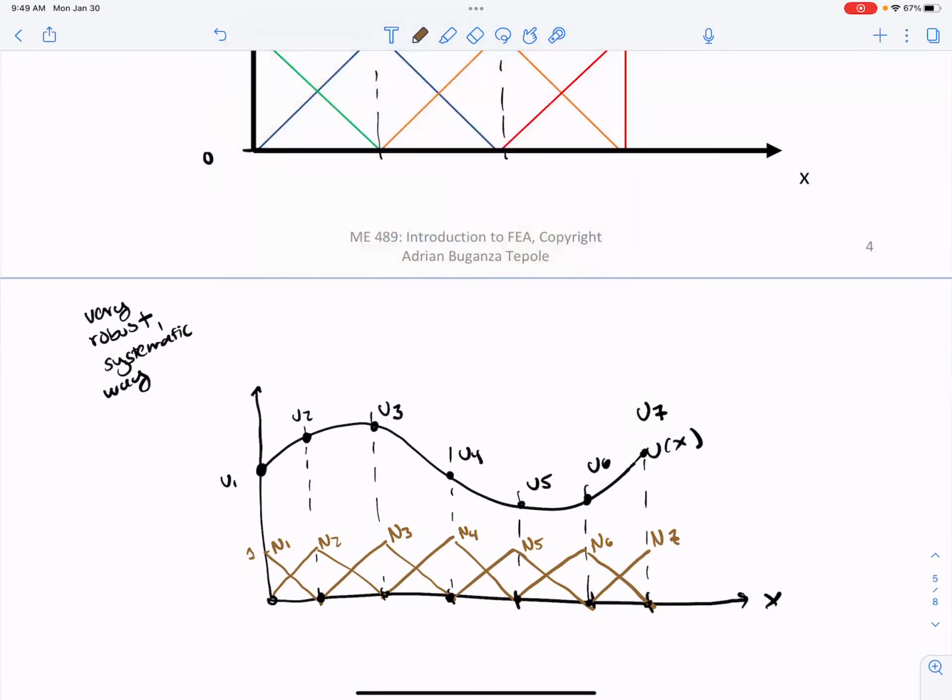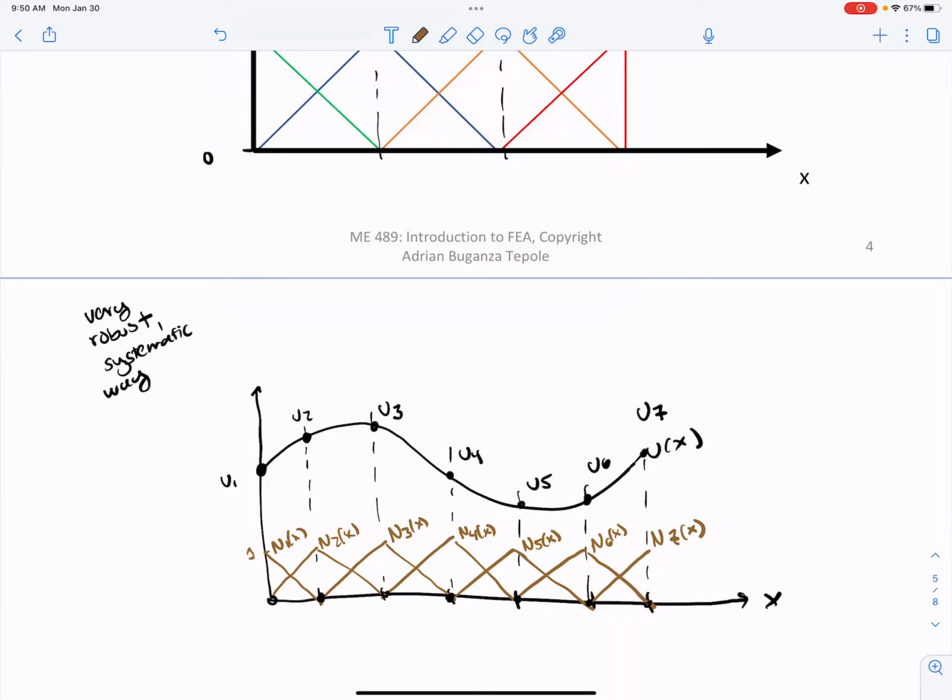And I'll add that these are actual functions of X. The other ones are just numbers. These are actually functions of X. But they are going to be very easy to define because these are just lines, right? So these are going to be something like minus X plus something.